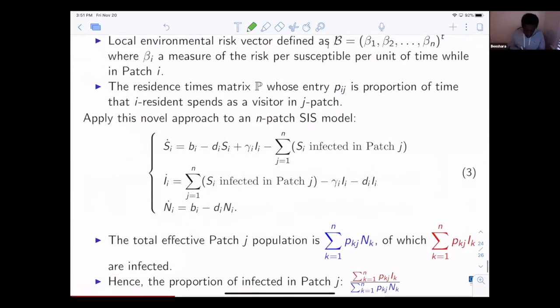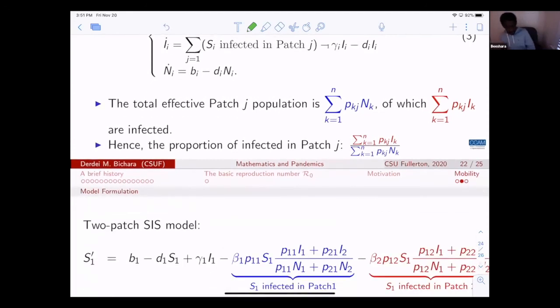Okay. So here we have the birth rate, or actually this is not only birth rate, but it's more like recruitment, people coming from elsewhere. It could be birth, or it could be immigration, or it could be anything. D is death rate. So we consider each patch, and we try to study the dynamics of the model on each patch. Of course, considering that there's an interaction between these patches. Okay.